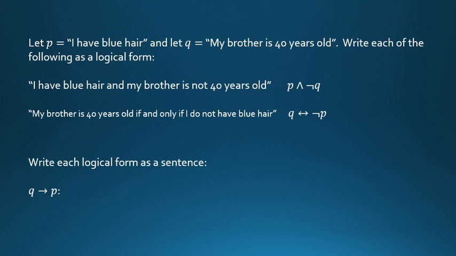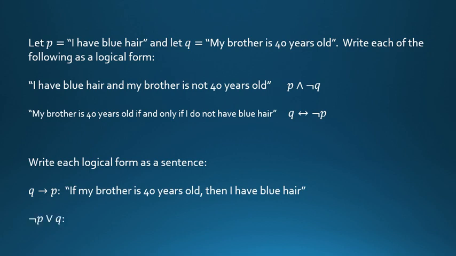So Q implies P means if Q, then P. We know what Q is. We know what P is. So let's just make the actual substitution and we get our sentence. If my brother is 40 years old, then I have blue hair. So we are good right there.